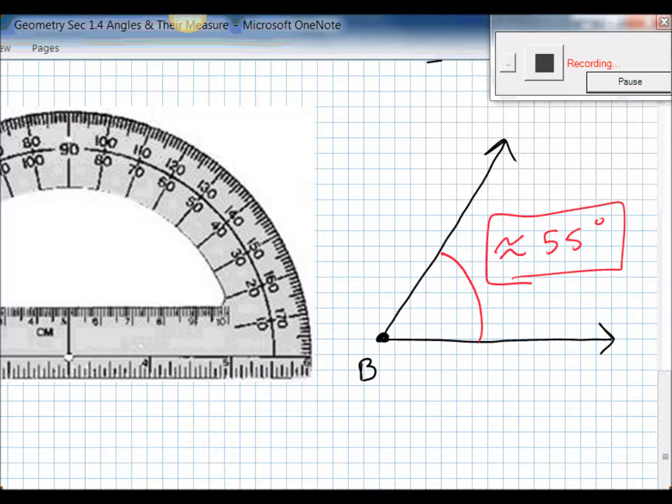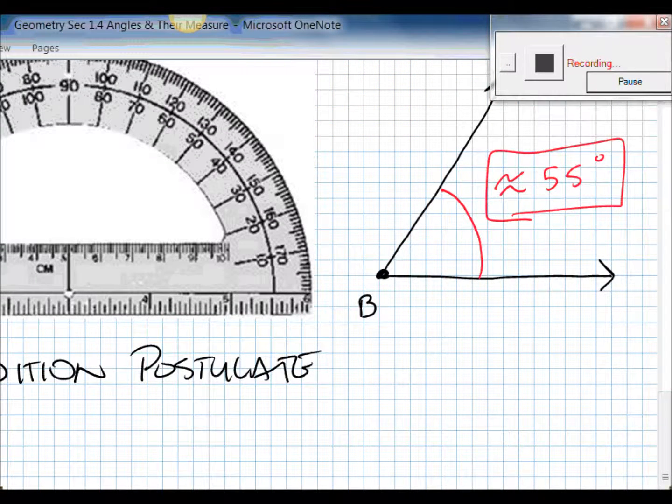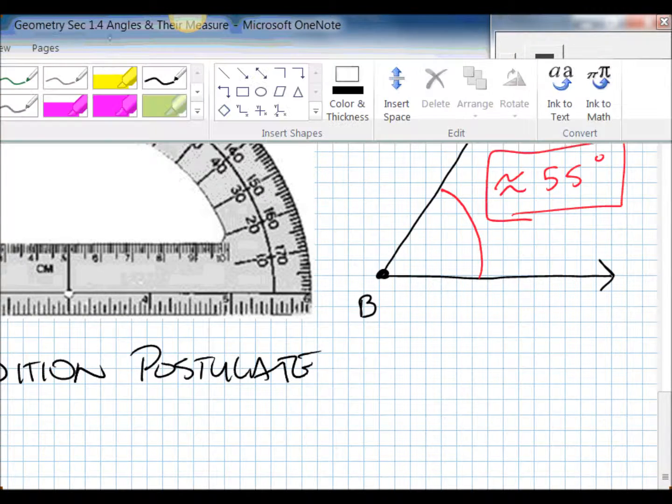And the last box is known as the angle addition postulate. All right, I would like you to draw 3 rays connected at a single vertex again, so I'll do it with you.